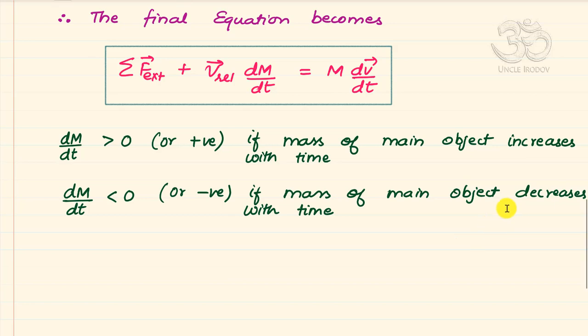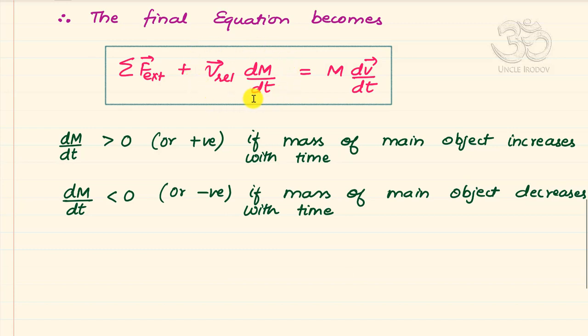And what is the interpretation of this term? The term on the right hand side shows a certain object and its net acceleration, so the left hand side should be some kind of force. We have forces here, but there is also this term. What kind of force does this term represent?